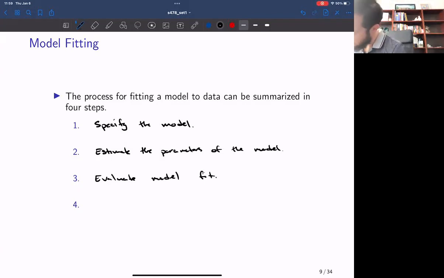And then step 4 is to conduct inference. Step 4 is really conditional on the fact that after step 3, you have a model that obeys all the assumptions of the linear regression process. Because you could just go to step 4, but if you're using a model that violates the assumptions, then you can't reliably use the model for inference. So any of the conclusions that we might reach are not going to have any value to us.